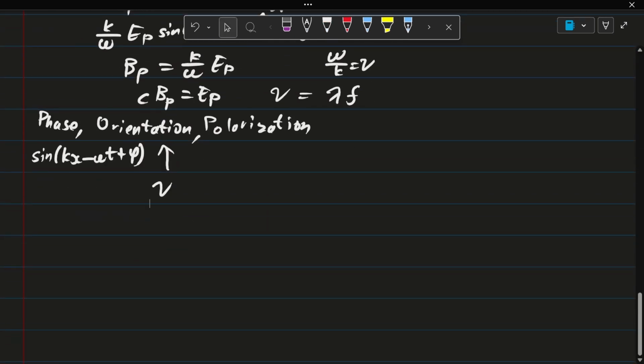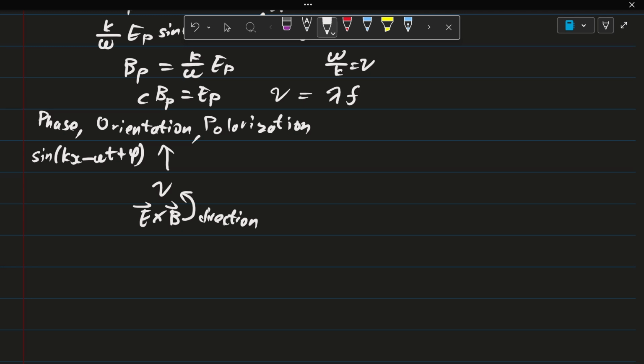If we analyze this, what we observe is that this E vector cross B vector is the direction. You could prove this using vector calculus as well, but here I'll just present it as it is. It turns out that this E vector cross B vector is pointing in the same direction as the velocity of the wave.